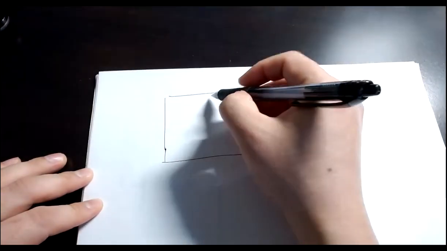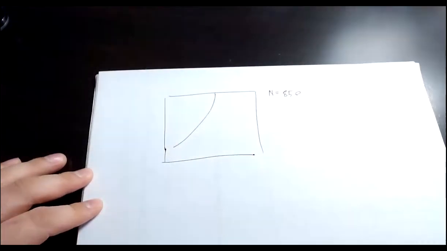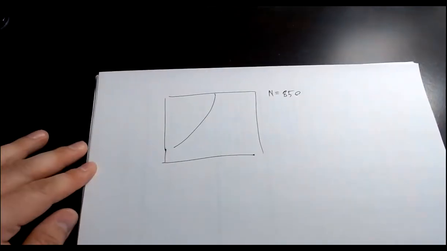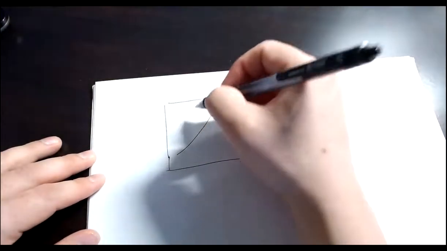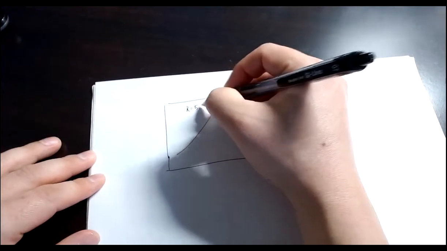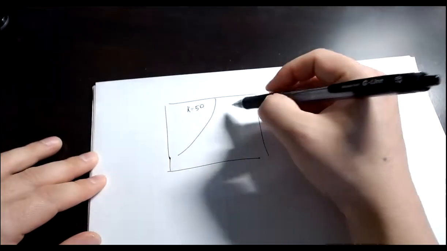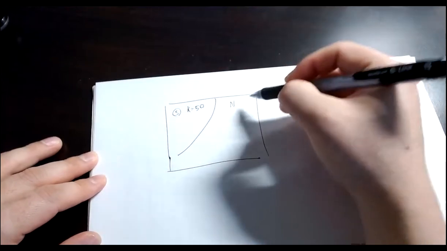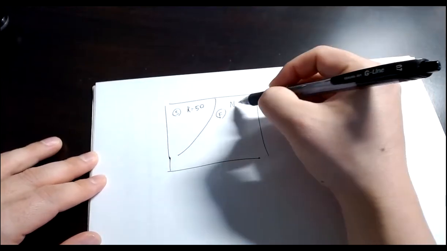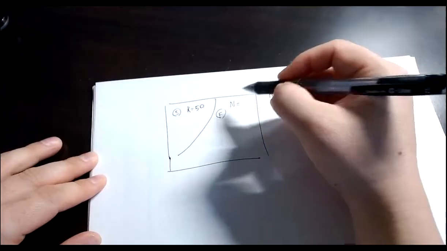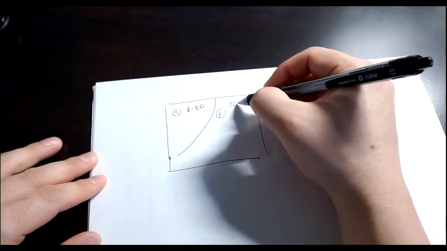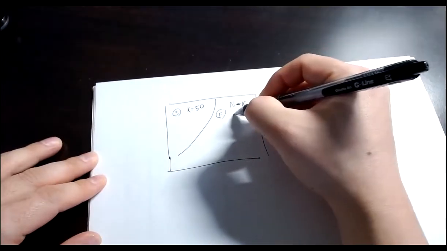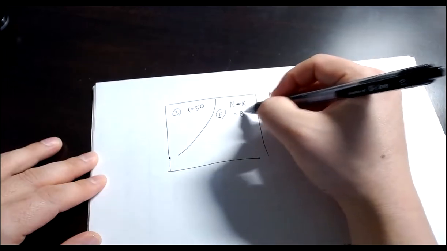Let's say here is the number of parts that do not conform, the non-conforming parts. Say K is 50. This is the number of successes, right? And N minus K is the number of failures, which is 800, right?